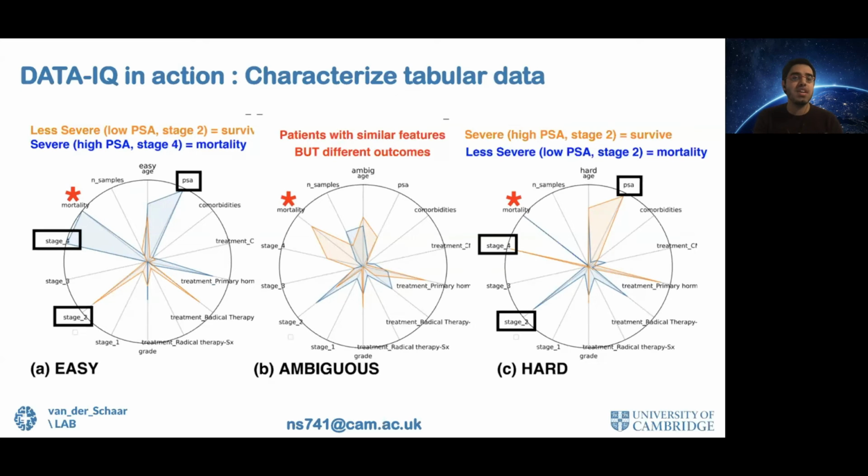What's interesting for ambiguous is these are patients with similar features but different outcomes, for whom clinicians should actually go collect more features and run more diagnostic tests, and we provide this as a tool for clinicians in this way. And for example, hard are then patients with a heterogeneous outcome where we have the opposite effect. Somebody who's very sick has the lucky chance of actually surviving, and we want to show these examples and bring them to the fore to a clinician.